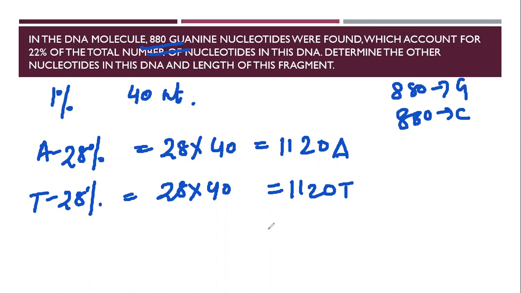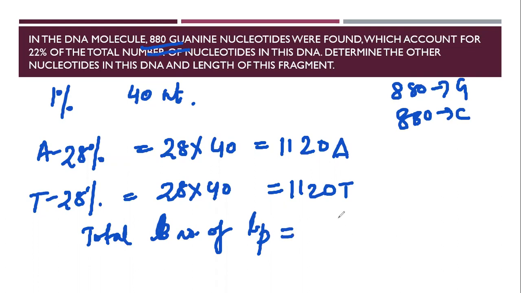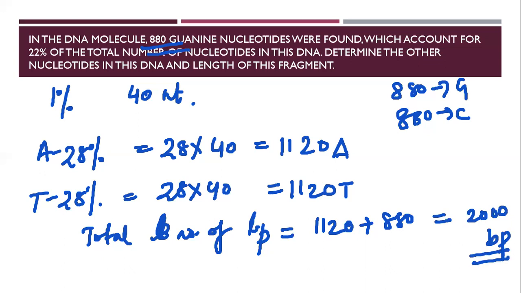So what is the length of the DNA molecule now? What is the total number of base pairs present? It is going to be 1120 plus 880 equals 2000 base pairs.